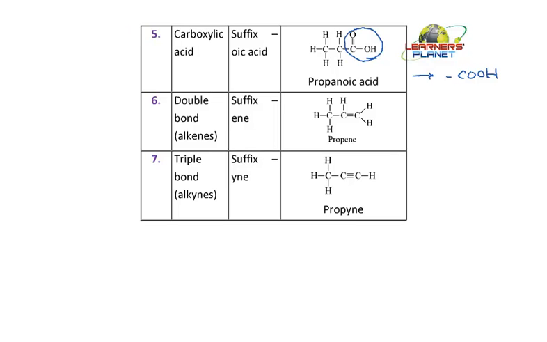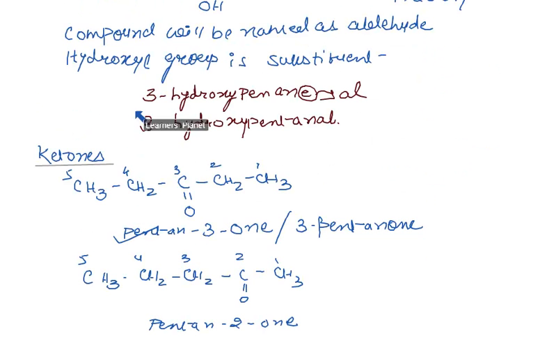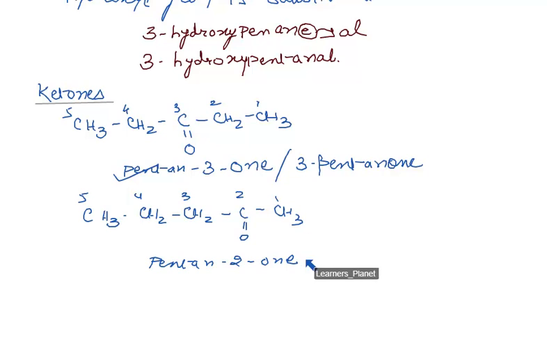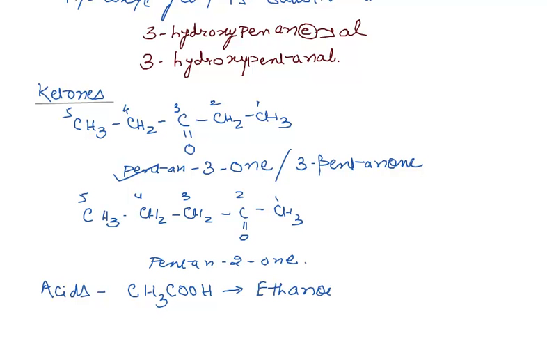Now let's take a few more examples. Say I'm writing this CH3COOH. What would be its name? How many carbon atoms are there? There are 2 carbon atoms. So what would be the root word? Eth, right? And it would be ethanoic acid, right?